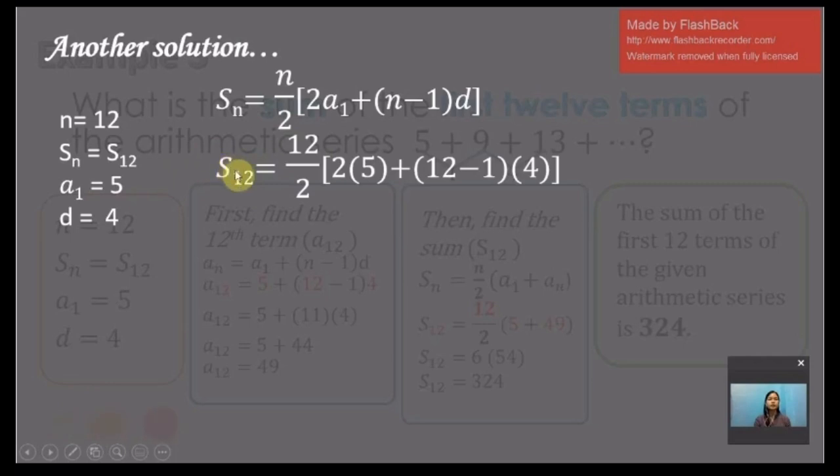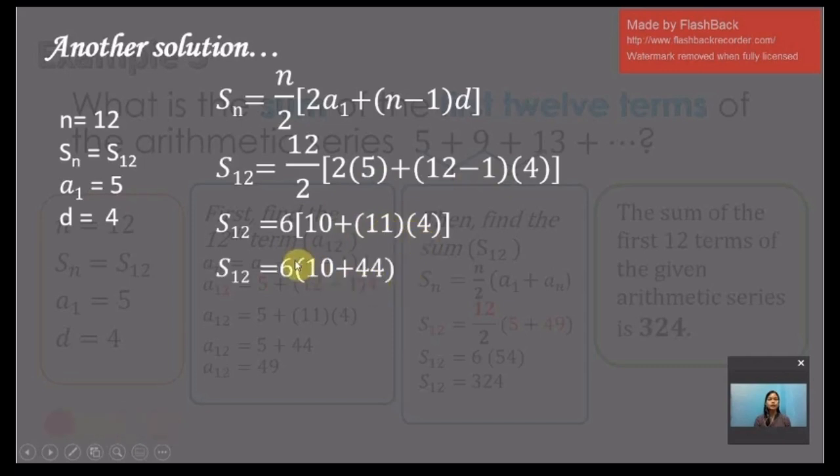Substituting the values, we have S sub 12 is equal to 12 divided by 2 times the quantity of 2 times 5 plus the quantity of 12 minus 1 times 4. Simplifying further, 12 divided by 2 is 6, times the quantity of 2 times 5, which is 10, plus 12 minus 1, which is 11, times 4.